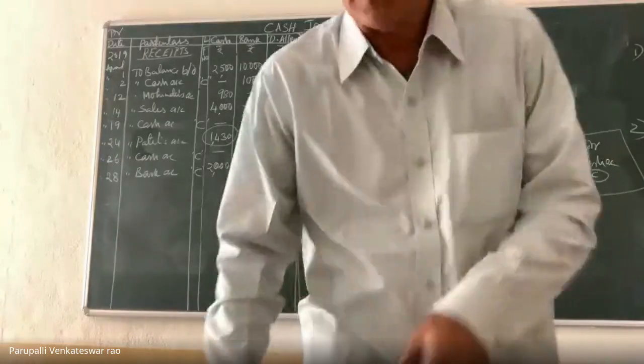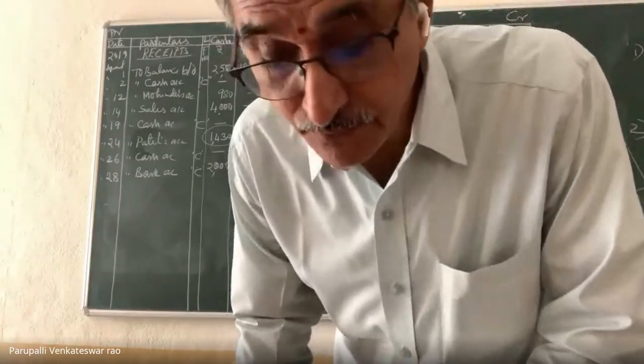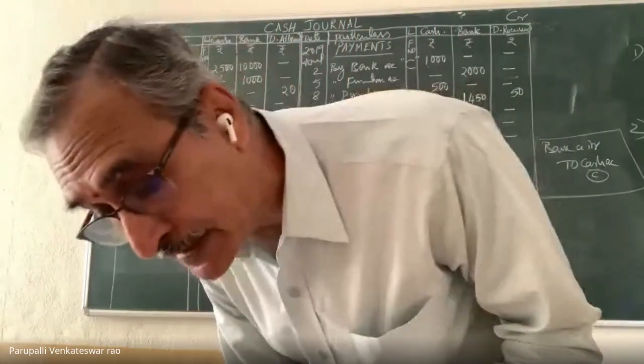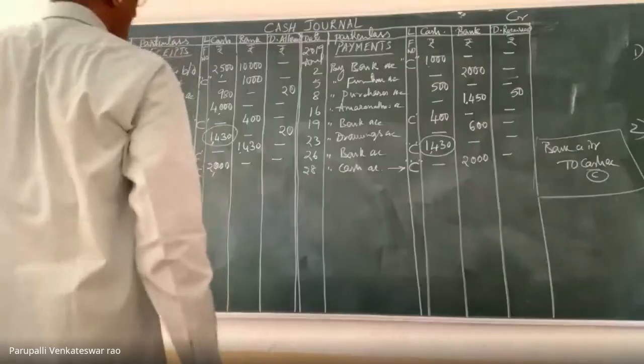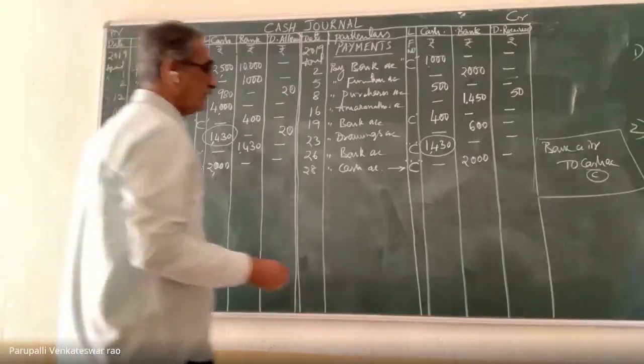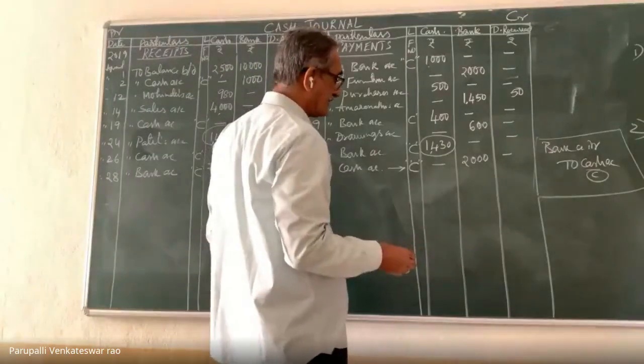Next one is 400. Paid rent by check rupees 800. Payment or receipt? Payment. Payment means right hand side, credit side. Paid through check or cash? Check.